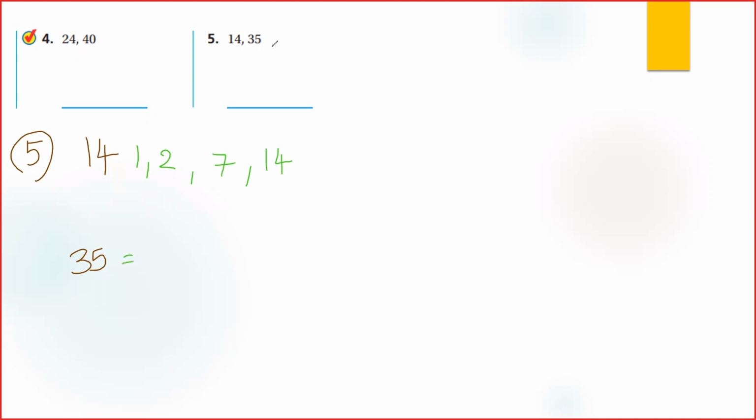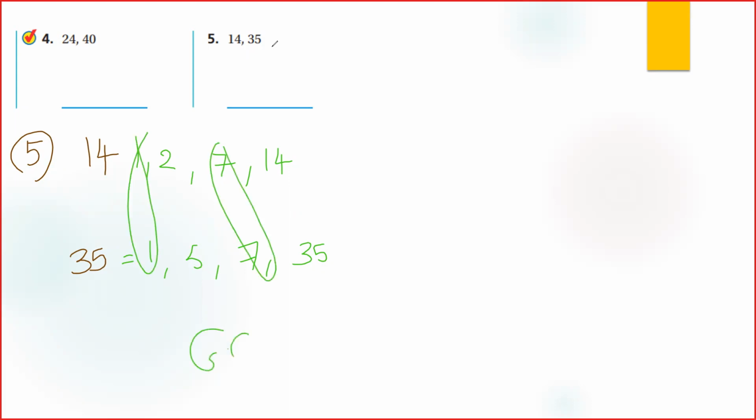For 35 now, 1 and 35, 5 and 7. So what is the common factor here? 1. Bravo. The greatest common factor now is 7. Thank you, Maryam.